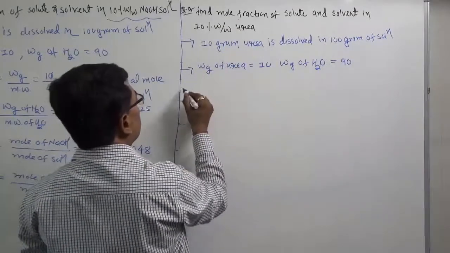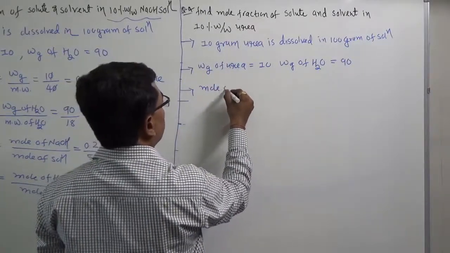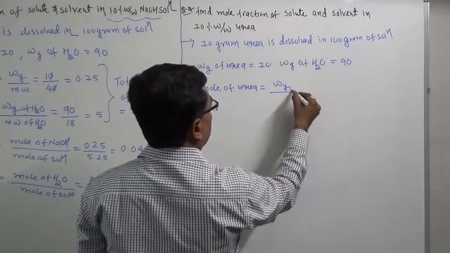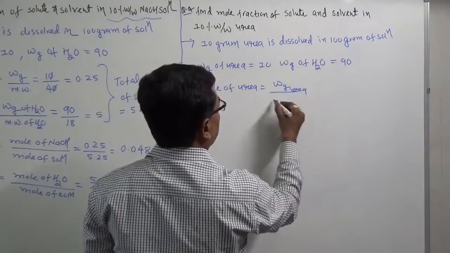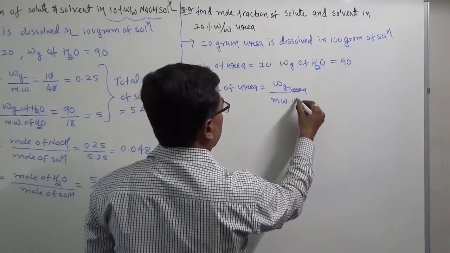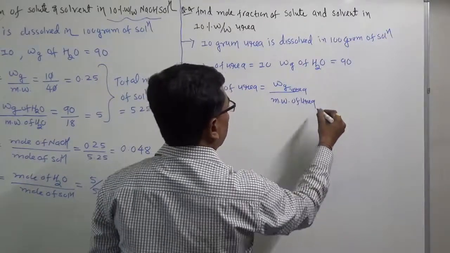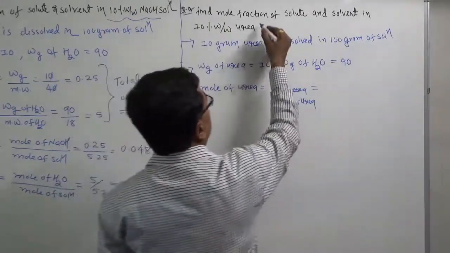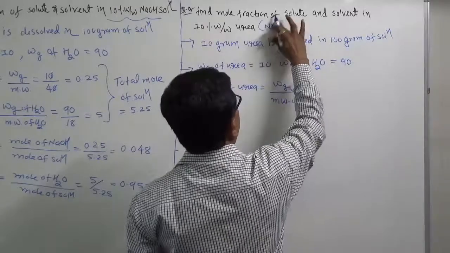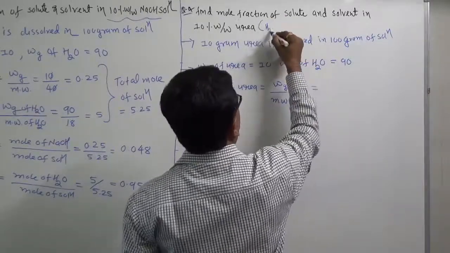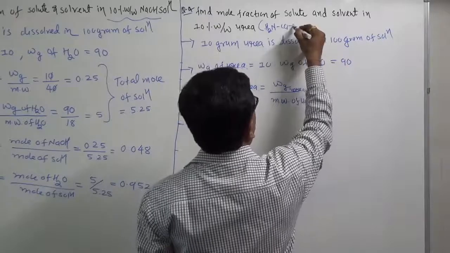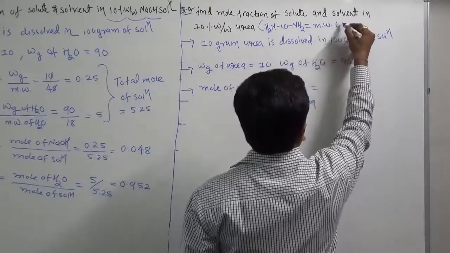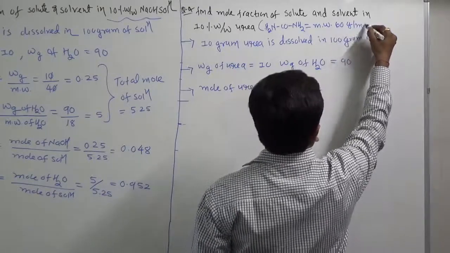Now you can find the mole of urea by using this formula. Mole of urea equals weight in gram of urea divided by molecular weight of urea. Now the molecular weight of urea you know very well, it is 60, or it is sometimes given numerically also. The urea formula is NH2CONH2, and its molecular weight is generally given to us as 60 gram per mole.